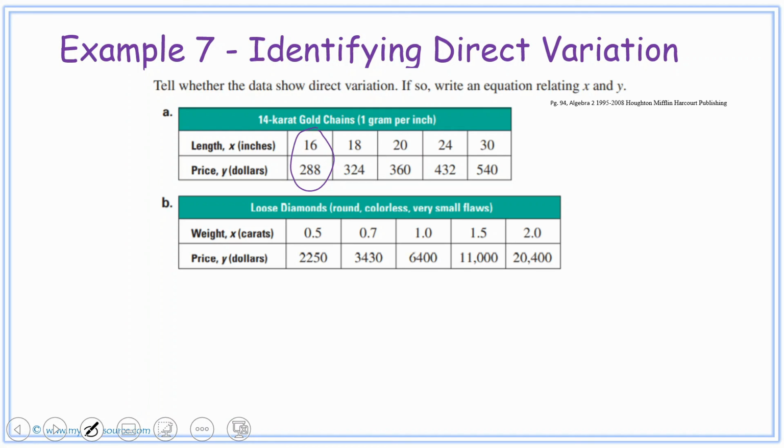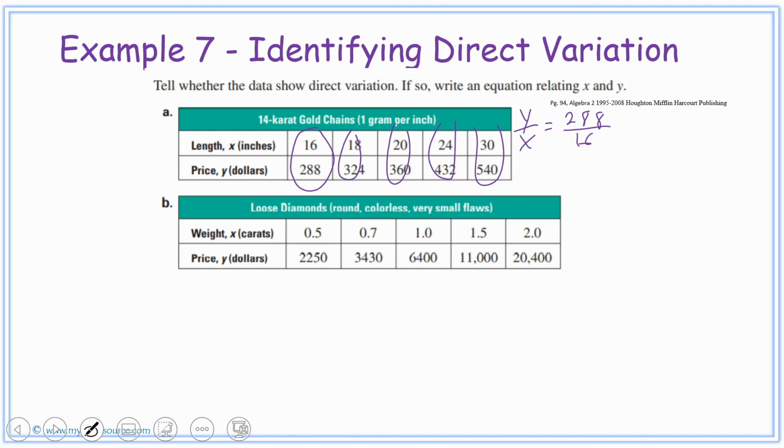So we could say 16 divided by 288, but generally we say 288 divided by 16. And in doing that, you can determine whether or not they're the same. So generally we say y divided by x because that's how we write slope, right? Y over x. So 288 divided by 16. If we get a common multiple each time we divide these, then we know it has direct variation.